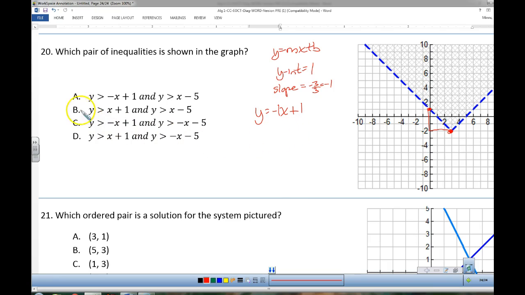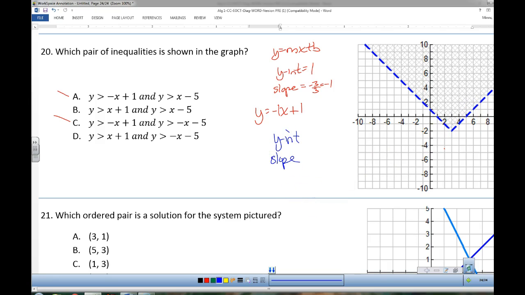-1x plus 1 is one of my lines. So already I know it's either got to be this one, because there I see -x plus 1, or this one, -x plus 1. We just now have to look at the second line. Well, the second line, remember I need to know the same two things. I need to know the y-intercept, and I need to know the slope. Well, where does it touch the y-axis?